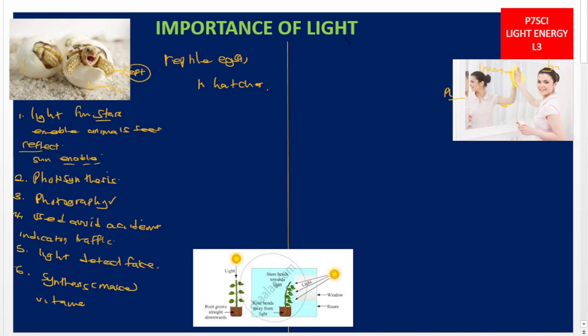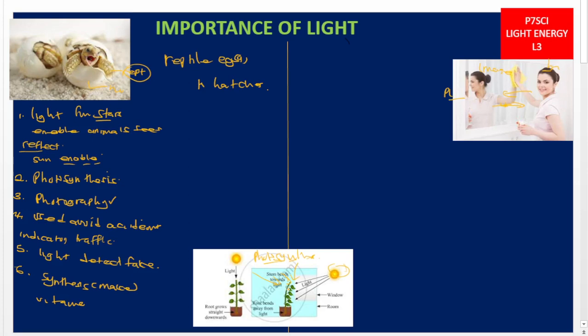Her image. Therefore, what are we using? We are using light to see ourselves within the plane mirrors. And again, this is the process of photosynthesis. These plants are using light from the sun to carry out photosynthesis to make their own energy.